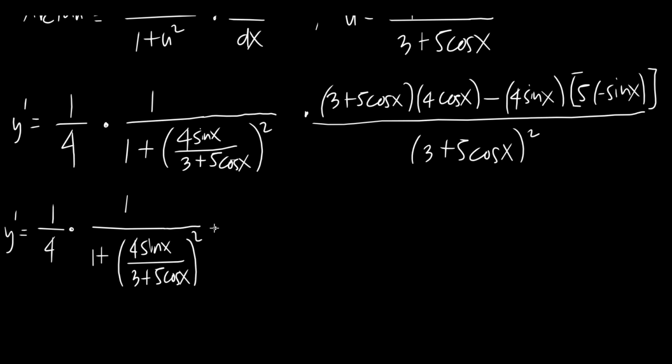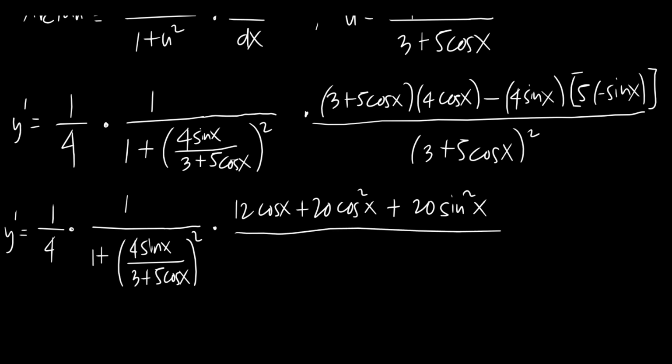So multiply by 3. So we'll distribute. So 12 cosine of x plus 20 cosine squared x. So negative times negative is positive. So 5 times 4 is just equal to 20 sine squared of x, all over 3 plus 5 cosine of x squared.